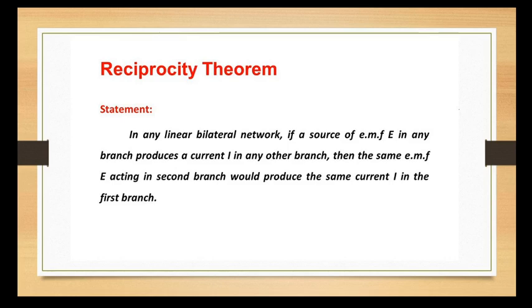And it simply states that we can interchange both EMF E and current in any branch. We can interchange E and I. So the theorem simply means that E and I are mutually transferable.